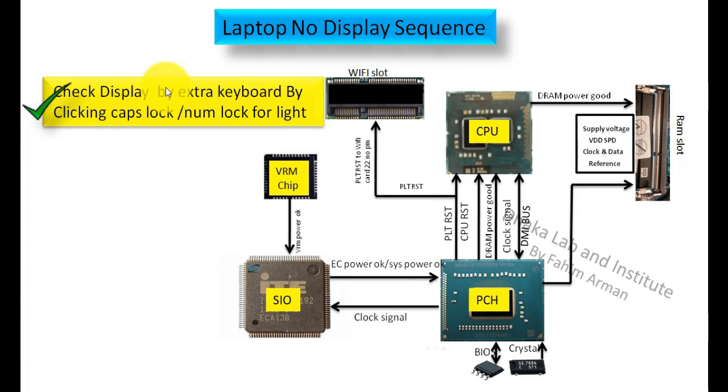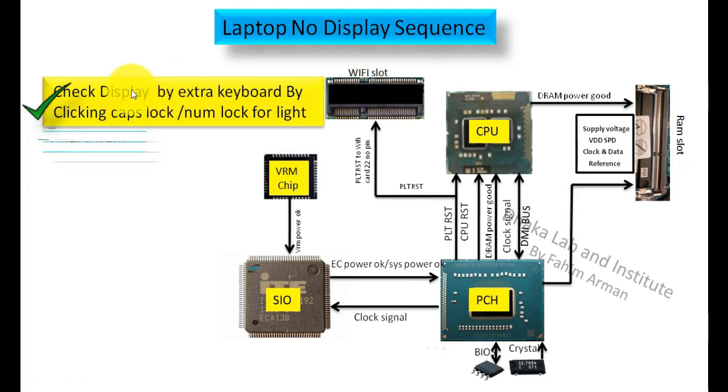If your motherboard is not working, then there will be no light on caps lock and num lock. So this is very important to check first: is there any display on your laptop or not?